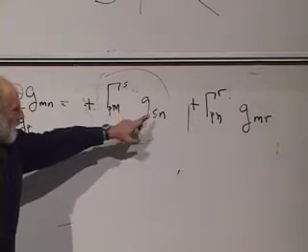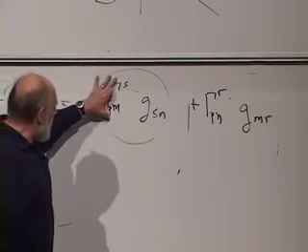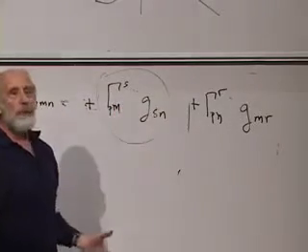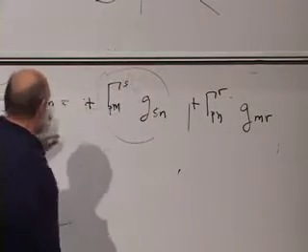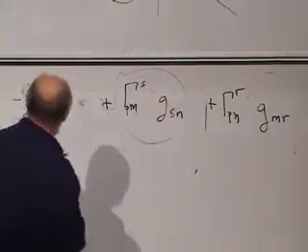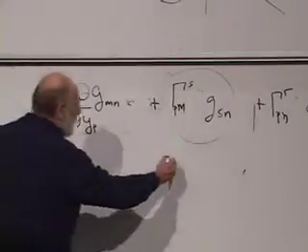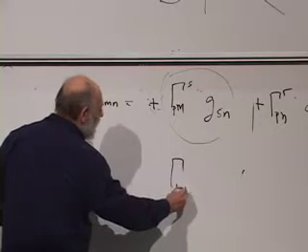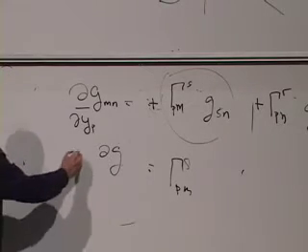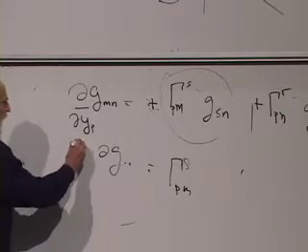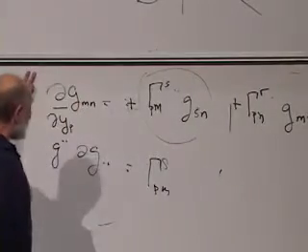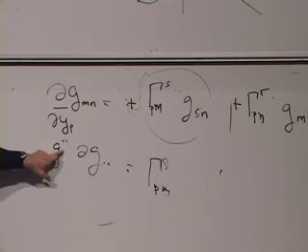I would just multiply by the inverse of g. I have a gamma times a g, and g is an invertible matrix. So all I would have to do is run through the invertible matrix, and I would wind up with a gamma with a derivative of g on this side and a g inverse, lower components here, and a g with upper components here. Just by inverting g and bringing it over to the other side.